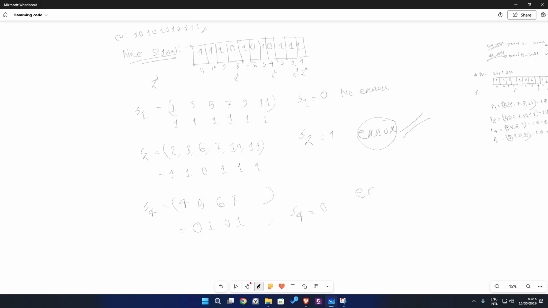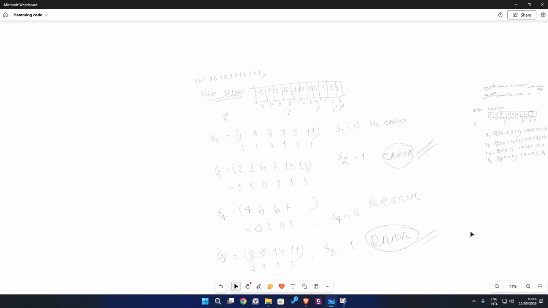So no error. Then at last for S8, it will be 8 9 10 11. In the 8th position we are seeing 0, 9th position 1, and 10 and 11 both 1. So if we XOR them, the result will be 1. That means there contains error.